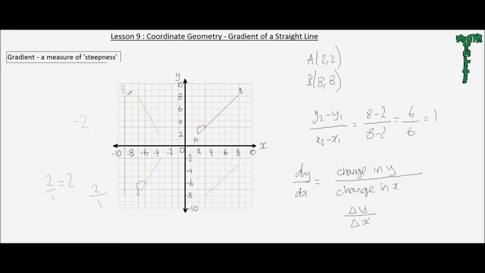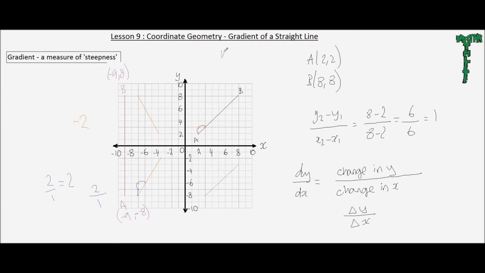So this is B, and this is A. It has points -9 and -8, and this has coordinates also -9 and 8. Okay, so say we tried working out the gradient of it.